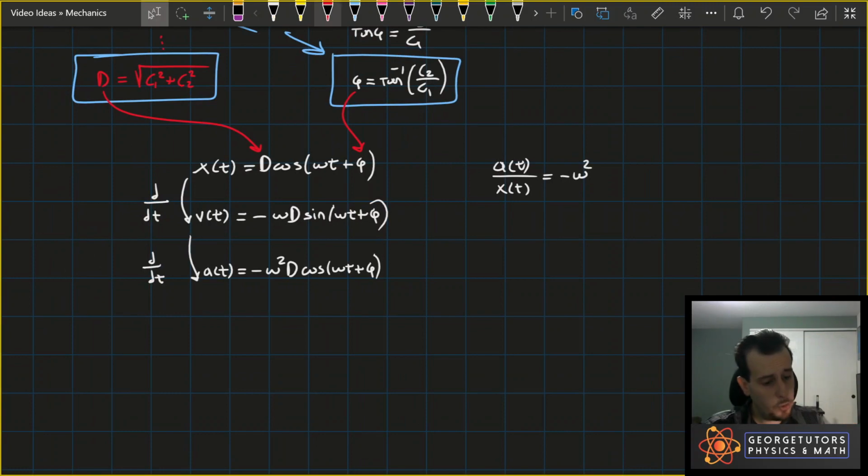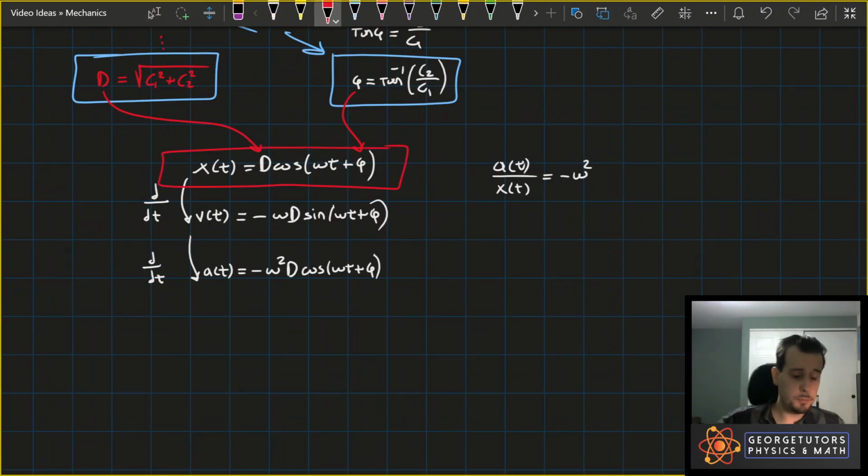I wanted to show you how you can get from first principles onto the equation of motion for a simple harmonic oscillator. If you have damping, if you have friction, there will be different forms for the solution. For damping, you're going to have an exponential, a decaying exponential, not a trig function.